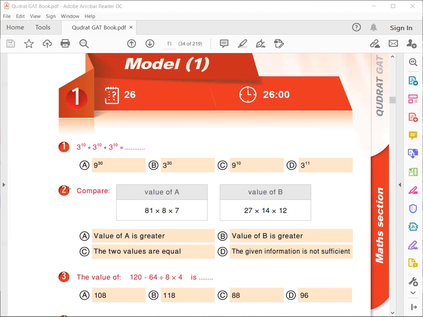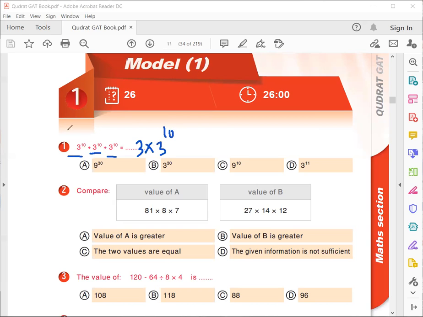Now how do I solve this problem? I calculate 3 to the power 10, 3 times. So you take a common factor, 3 times 3 to the power 10.